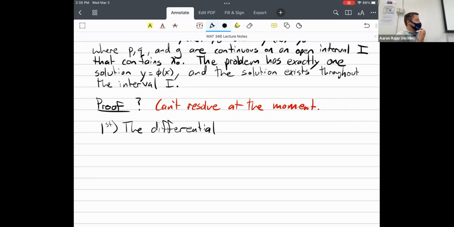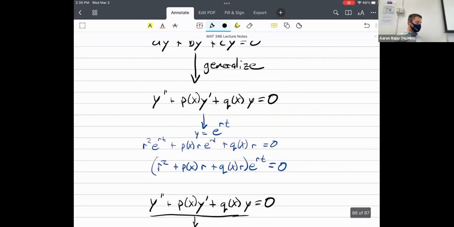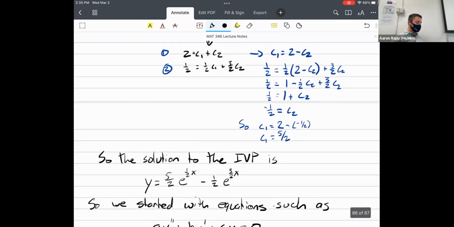When we were working with just the second order linear homogeneous differential equation with constant coefficients, how many solutions did we actually have? If I don't have initial conditions, how many solutions do I actually have?